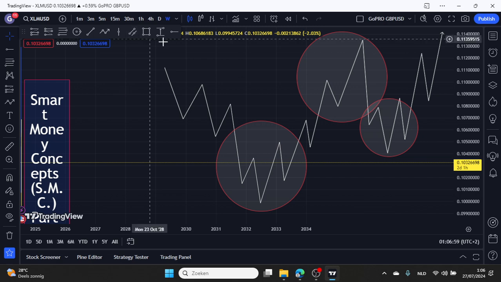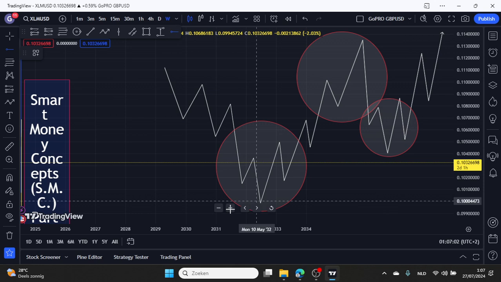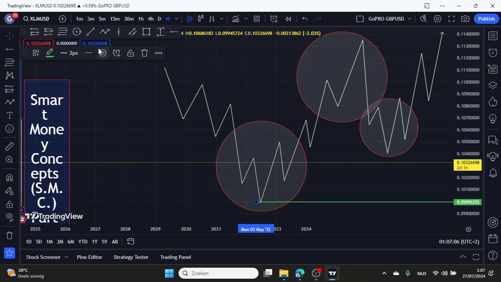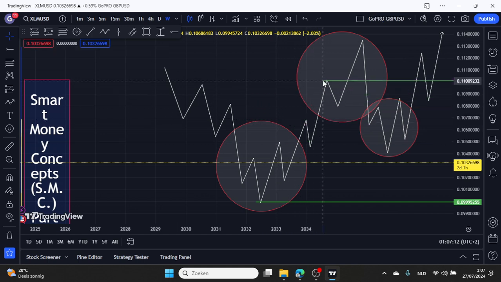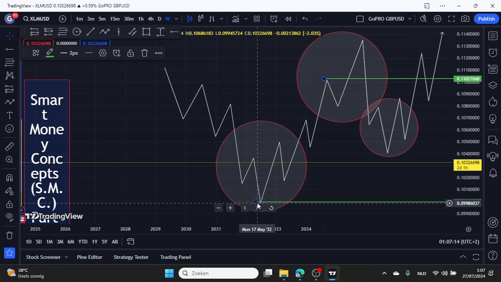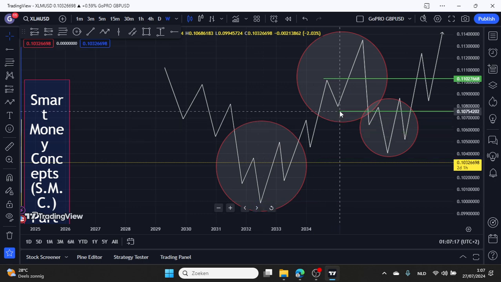Here we are looking at what? We have a strong low, and our high here keeps pushing up. So it is a weak high until the low here gets broken.